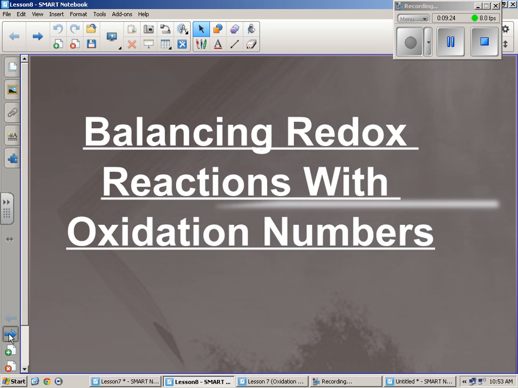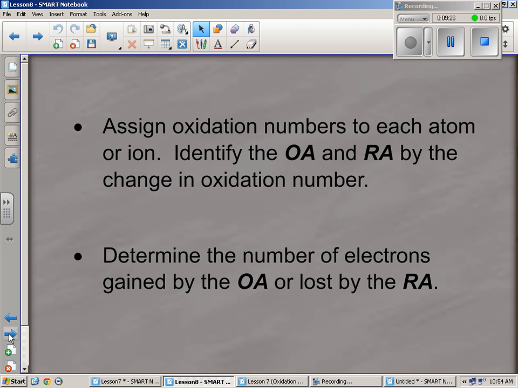Now, they're going to give you some rules or steps to follow, but really we're just going to have to do this and you're going to have to see it. Assign oxidation numbers, that should be pretty obvious. Since we're going to balance with oxidation numbers, I hope you go through and assign some, because that's going to tell you which one is the OA and which one is the RA.